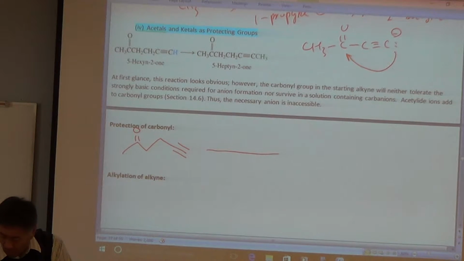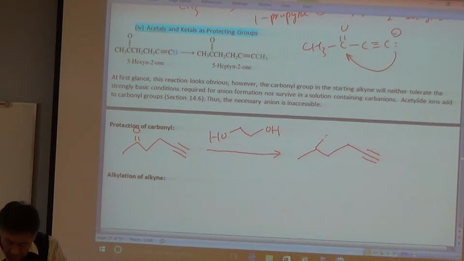Now let's use our ethylene glycol, OH and OH. So this will change the ketone into this acetal.